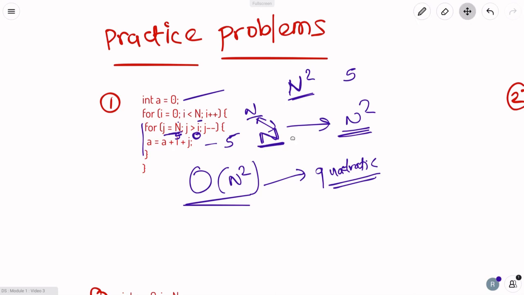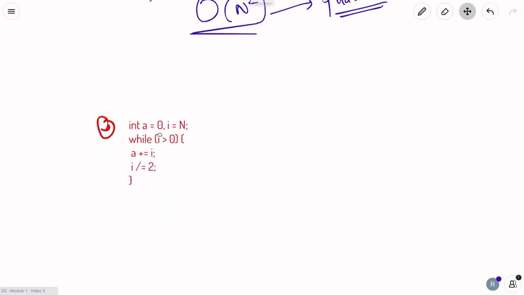Let's see what the time complexity of this code is. We have a equal to 0, and i equal to n. While i is greater than 0, we are doing a equal to a plus i, and then we are dividing i by 2. Let's assume n is 6.